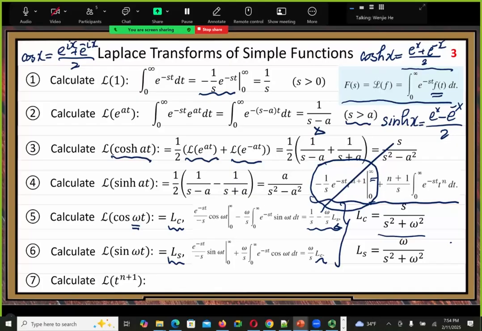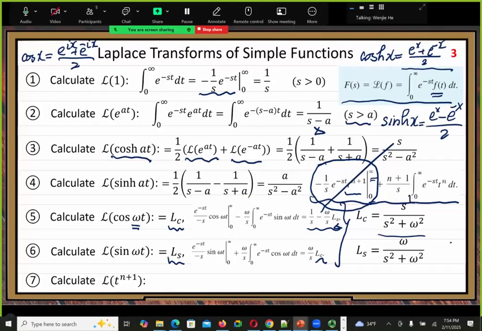You take t approaches infinity; plug in 0, it's 0. Infinity also gives 0, because the e function decreases much faster than that power function. So eventually, the first term becomes 0, and you only have the second term.